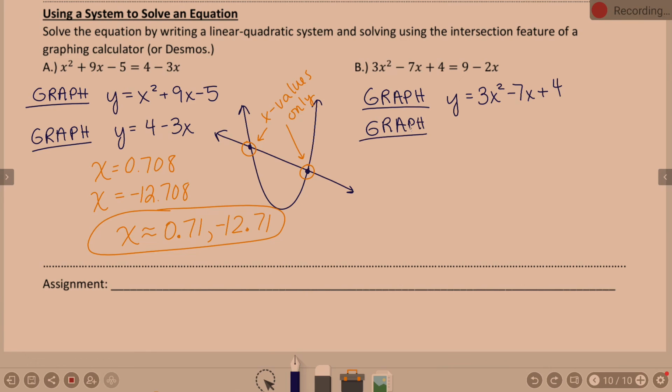We're going to graph our linear, y equals 9 minus 2x. You have a similar type thing happening again where it is 2 intersection points.